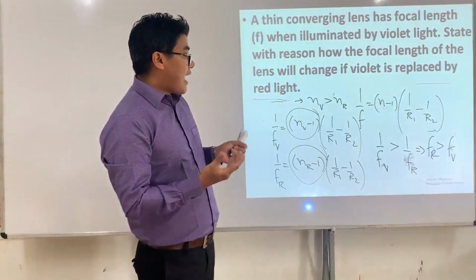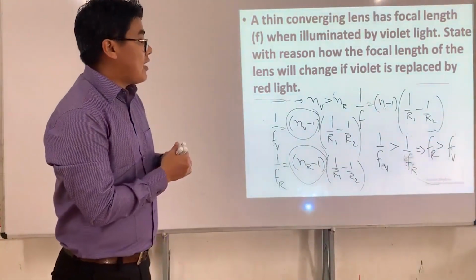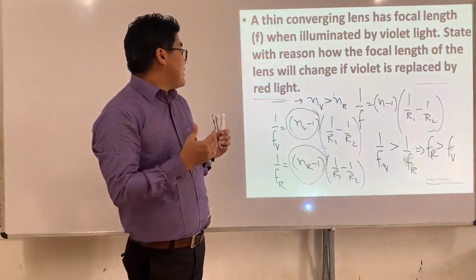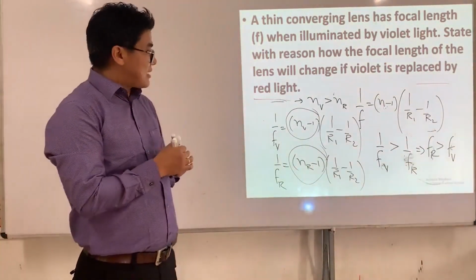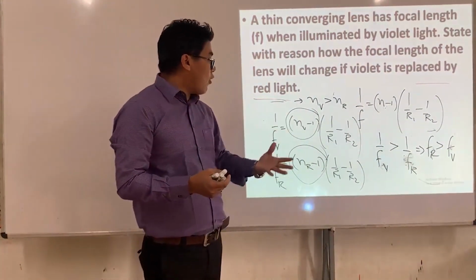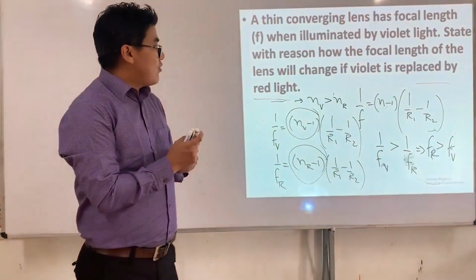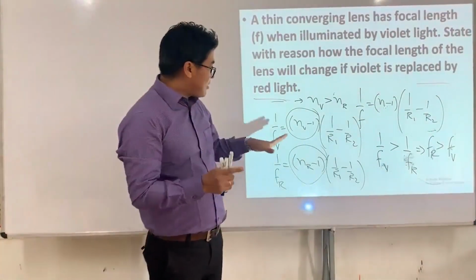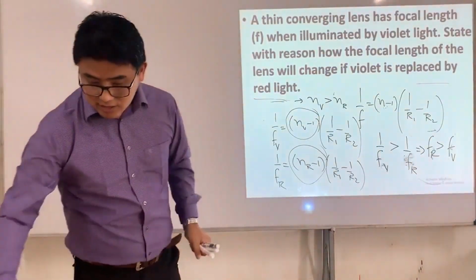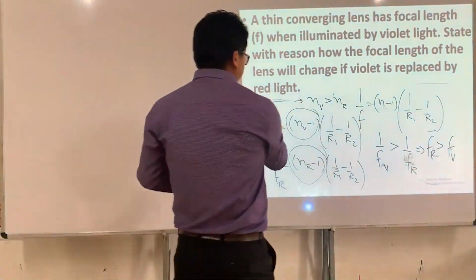The focal length of a red is going to be more than focal length of a violet. When we replace a violet by a red, focal length is going to increase. Why? Because refractive index of violet is more than refractive index of red. Again, I will say refractive index of violet is more than refractive index of red. This is the second problem.